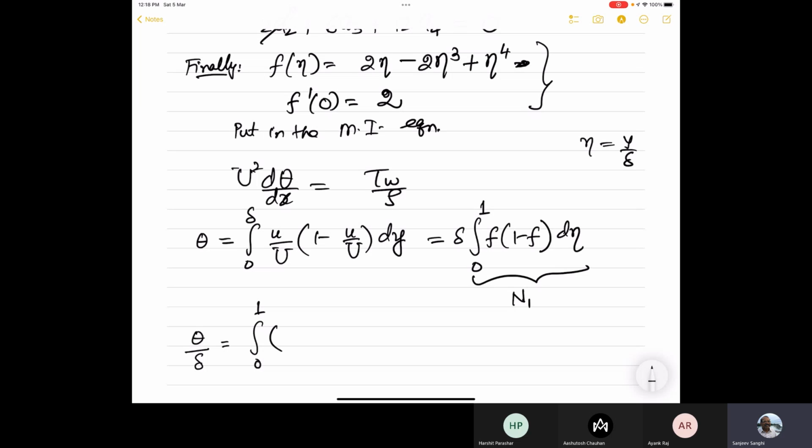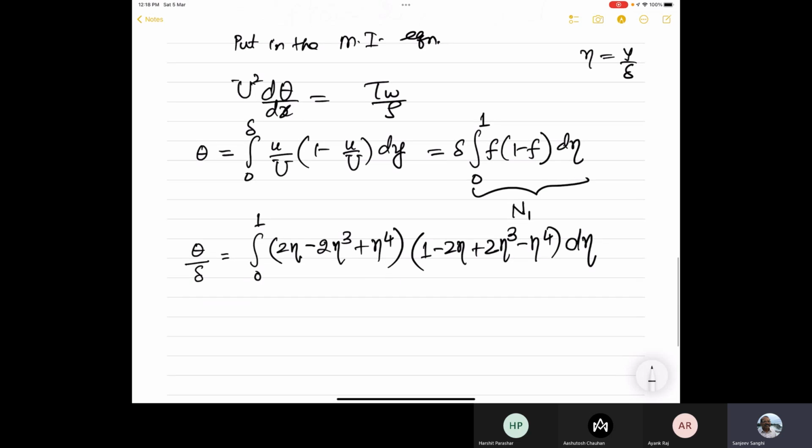Now I put in the value of f, which is 2 eta minus 2 eta cube plus eta 4, and 1 minus f will be 1 minus 2 eta plus 2 eta cube minus eta 4, d eta. This is something you can do by hand, just numbers, and when you work this out, this turns out to be equal to 37 upon 315, and this is what I'm calling n1.